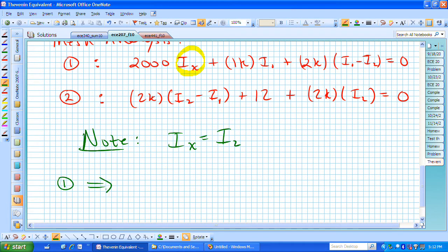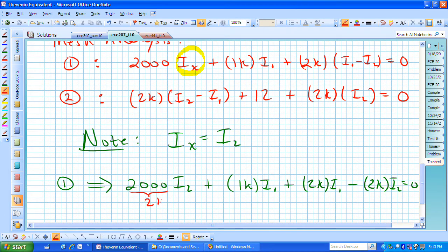From mesh equation number 1, we now have 2000 I sub 2, or that's 2K I2 plus 1K I1 plus 2K I1 minus 2K I2 equaling 0.